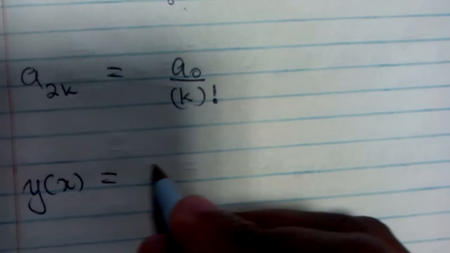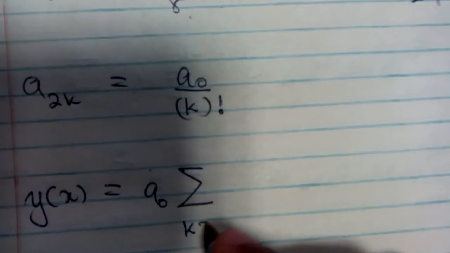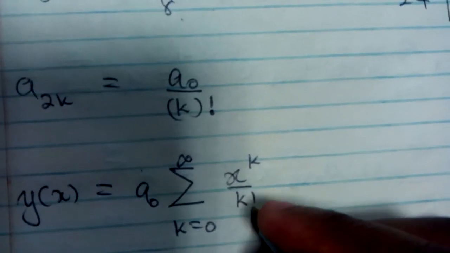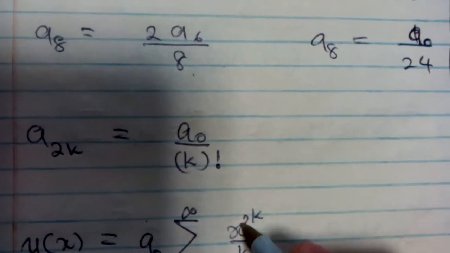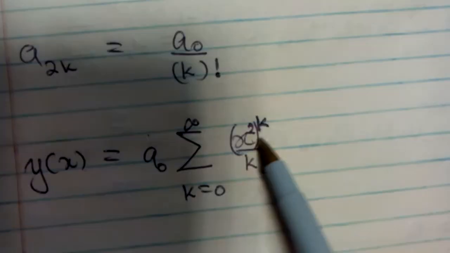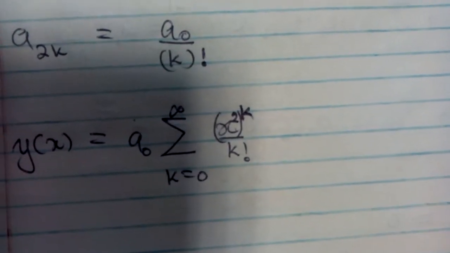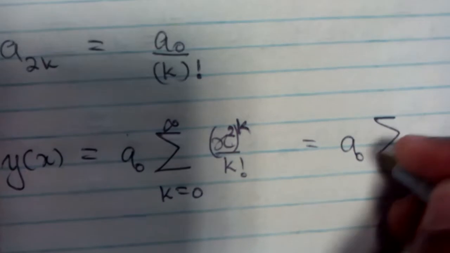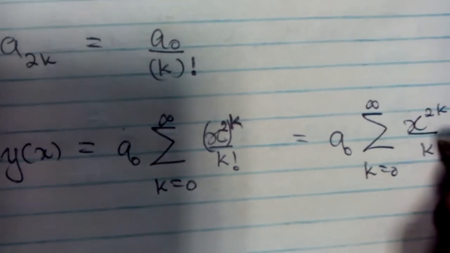Which is what I had in the last case, because everything from here is the same. That is to say, my y of x is going to be given by a naught times the sum from k equal to 0 up to infinity of x to the 2k over k factorial, which is nothing but your a naught times sum from k equal to 0 up to infinity of x to the 2k over k factorial.